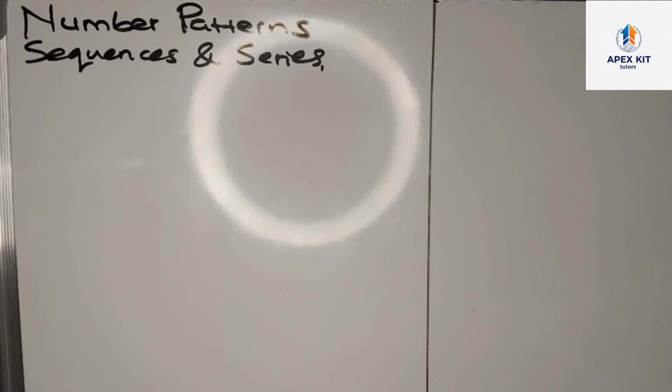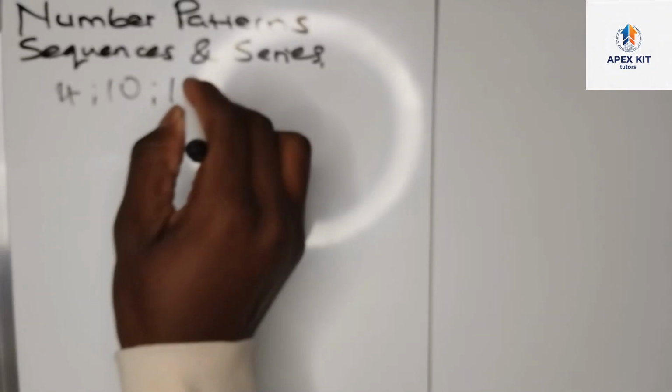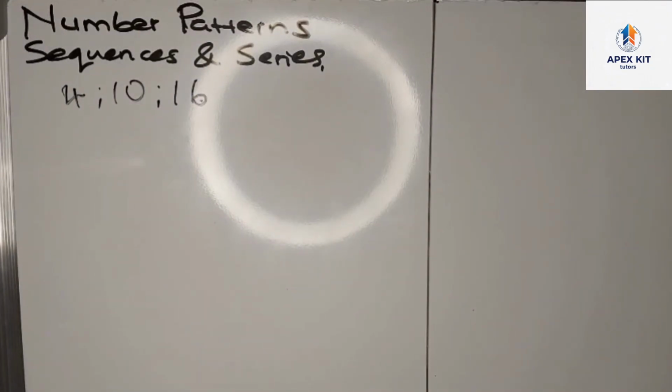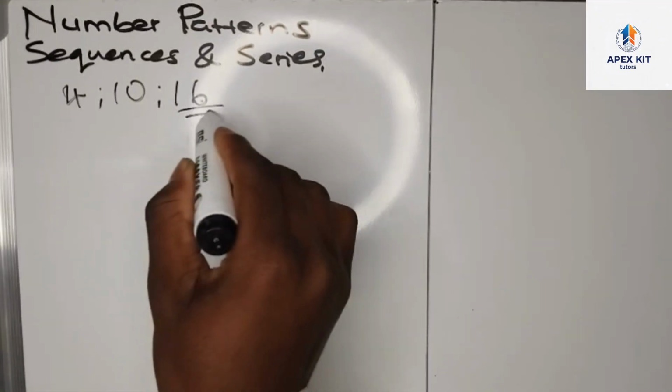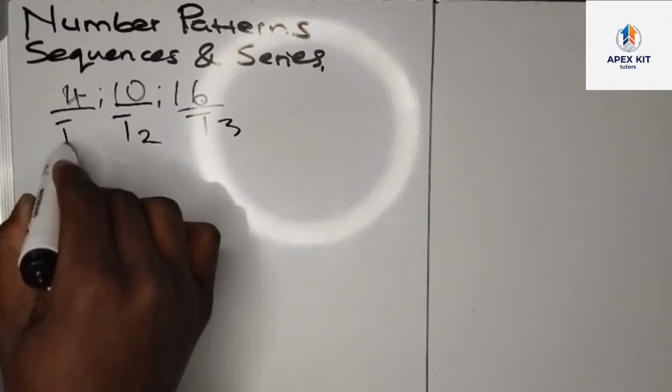We firstly write the problem that we are given: 4, 10 and 16. To get the difference, this is term number 3, this is term number 2, and this is term number 1.